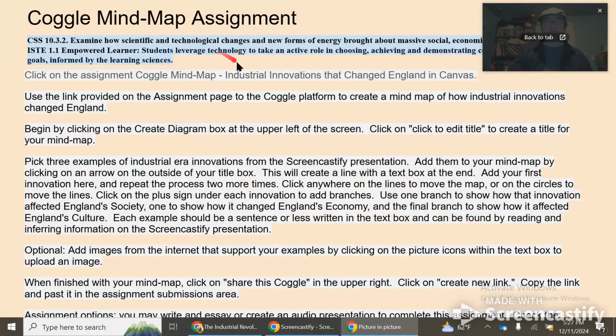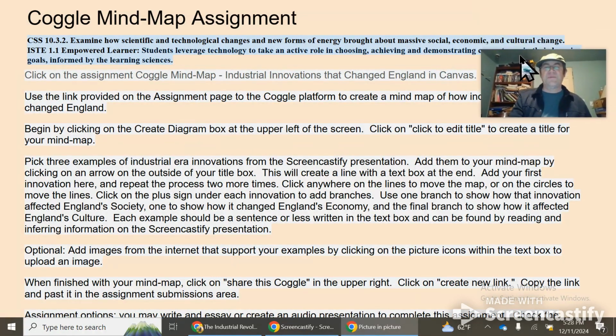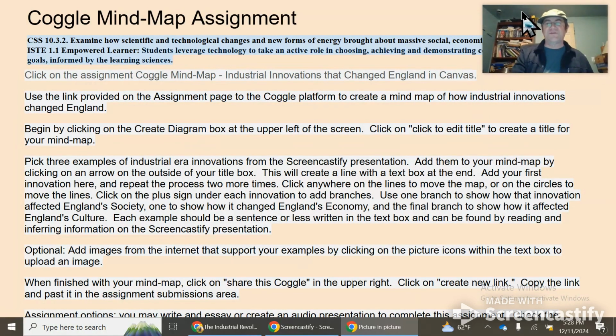So students leverage technology to take an active role in choosing, achieving, and demonstrating competency in their learning goals informed by the learning sciences.